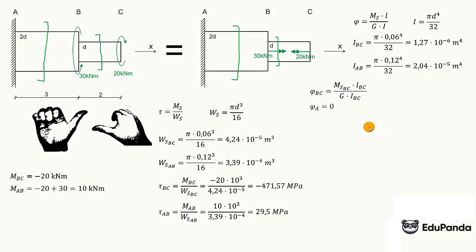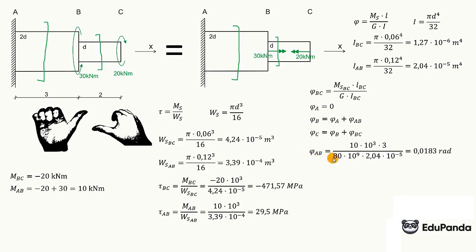Now, if we want to draw the twist angle graph, it's enough to calculate the twist angle of section A, section B, and section C. The twist angle of section A is 0, because here the rod is fixed, there will be no twisting. The twist angle of section B is the twist angle of section A plus the twist of the entire section AB. Similarly, the twist angle of section C is the twist angle of section B plus the twist angle of section BC.